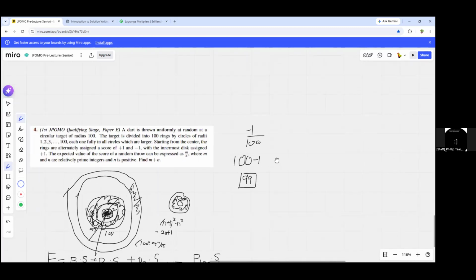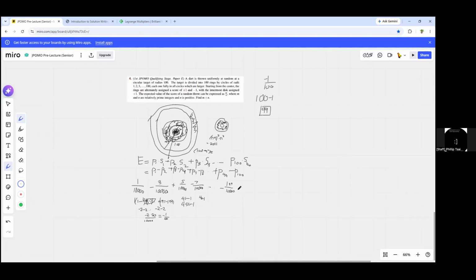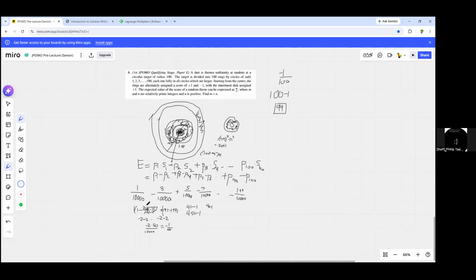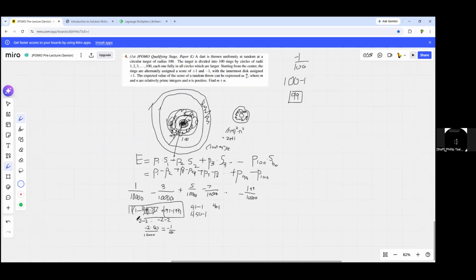Sorry for that long talk, but to summarize everything, we realized the expected value was an alternating difference and sum of the probabilities. Then we calculated these probabilities individually and noticed a grouping pattern where there's just a bunch of negative twos.